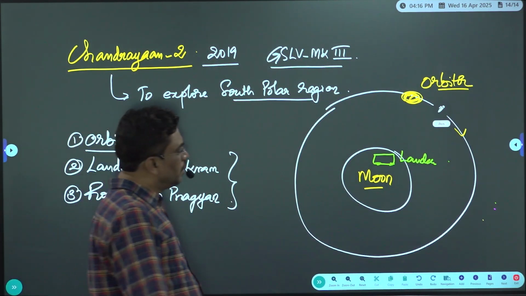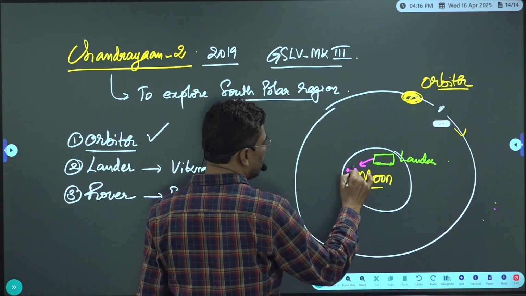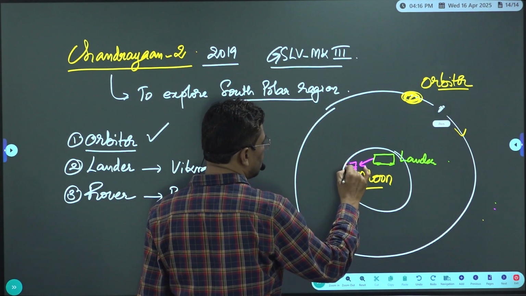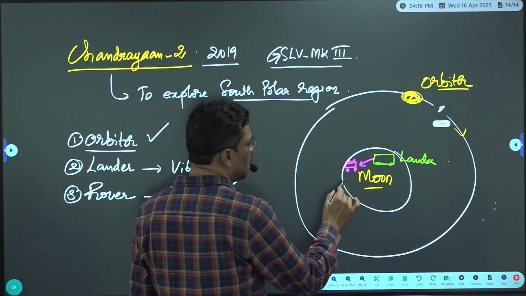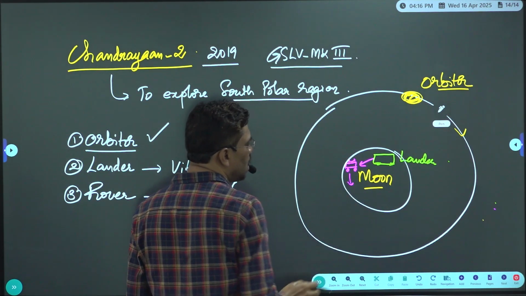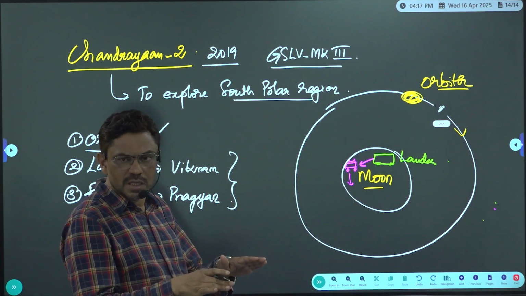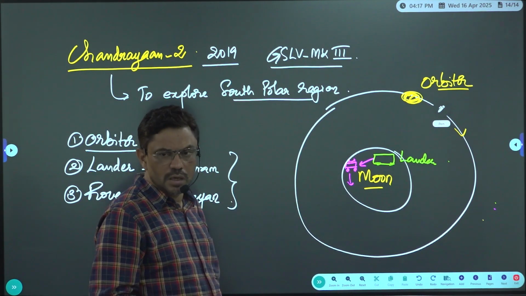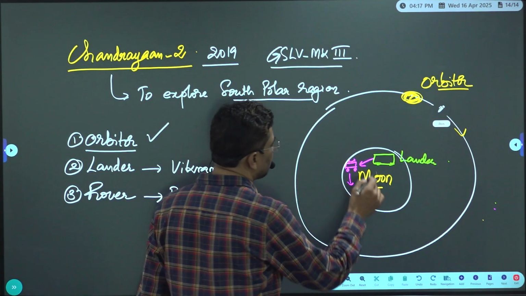The rover is a wheeled one, so it separates from the lander and creeps on the surface of the moon for some distance. There it observes the morphology and surface features of the moon. So this is called a rover module.